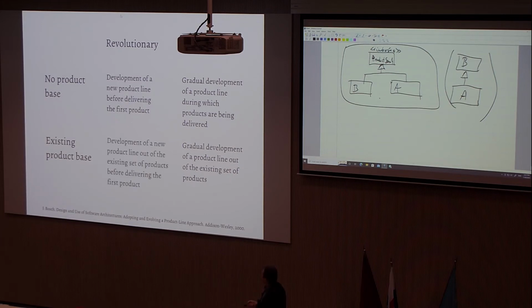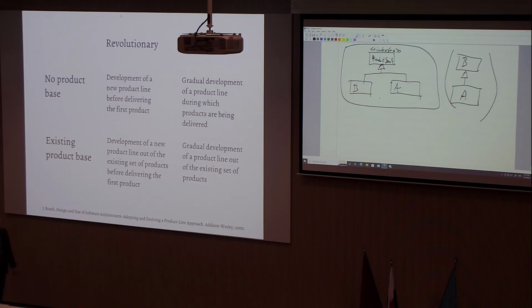Also, the fourth option would be development of a new product line out of the existing set of products before delivering the first product. So you do have this existing product base, but you decide to stop things for a moment, and from now on, some of the things will be in the product line that you're going to establish.